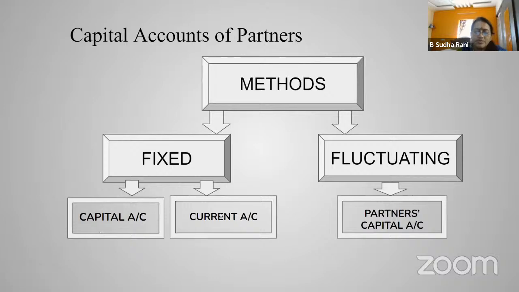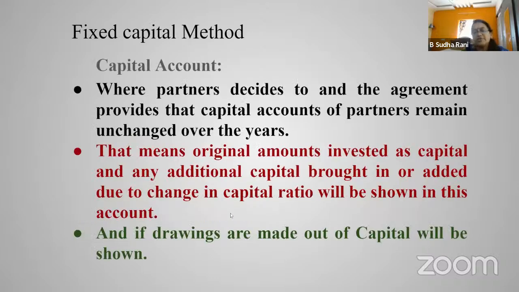Why? Because under this method, they want to keep the initial capital as it is. They don't want to disturb or make any adjustments to the initial capital brought by the partners. Any adjustments will be shown in the current account. That's the purpose.